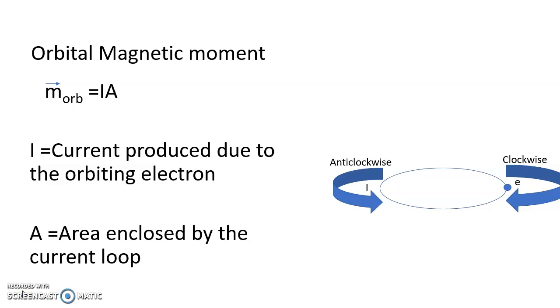This magnetic moment, which is produced by the orbiting electron, is called the orbital magnetic moment. Its direction is given by the right hand thumb rule. If the fingers of the right hand are curled in the direction of the current I, then the thumb shows the direction of the orbital magnetic moment. Over here it is in the upward direction.